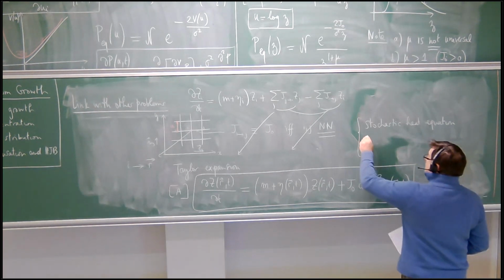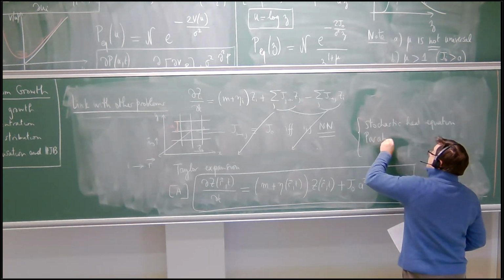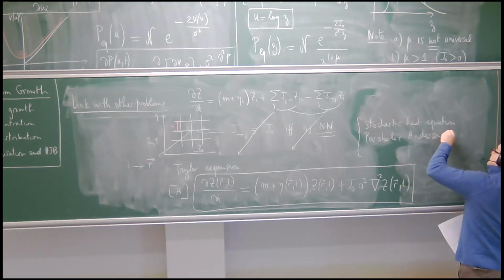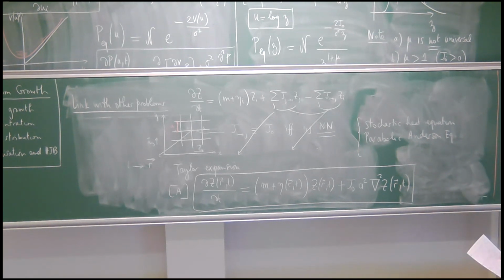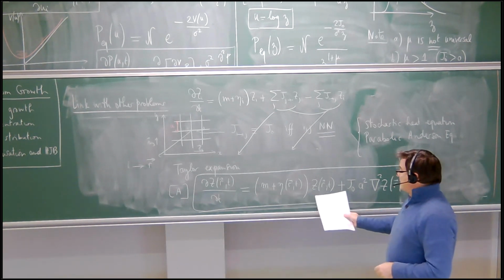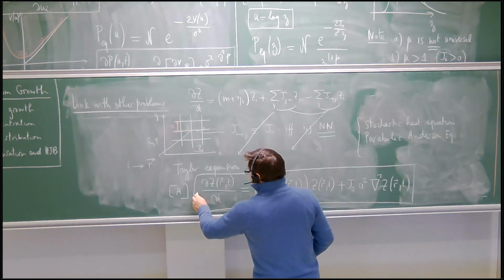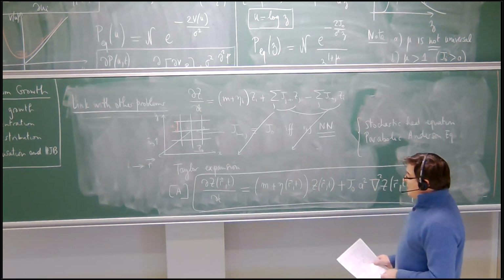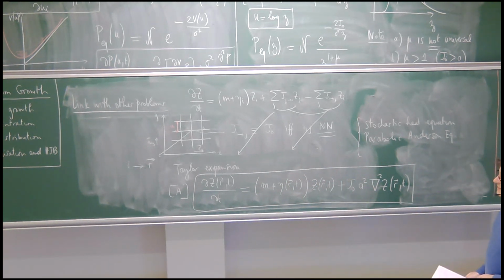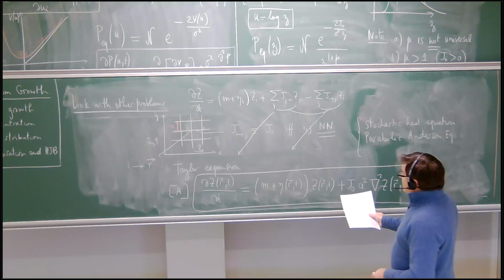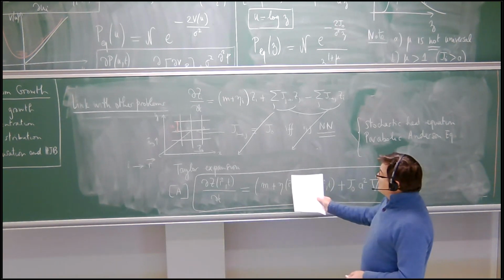It's also called the parabolic Anderson equation. The reason is that this looks a little bit like a Schrödinger equation with a random potential. Of course, in quantum mechanics you would have an i here, and Z would be a complex object, the wave function. And then this would be the Schrödinger equation for a particle in a random potential.